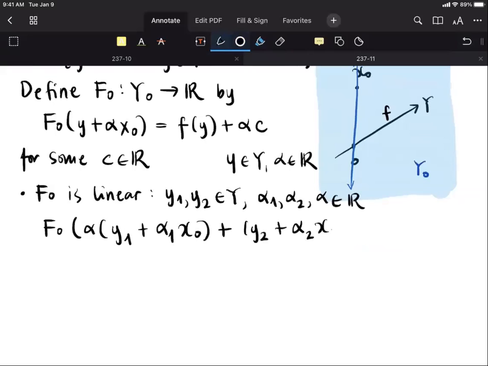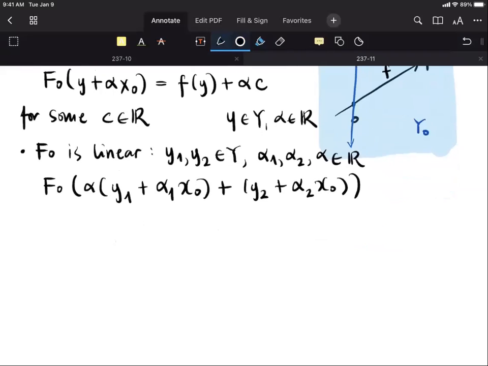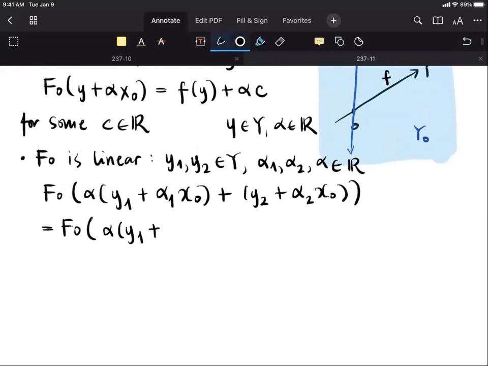Rearranging the terms inside the argument, you get the following. So here you have y2 plus alpha times alpha 1.